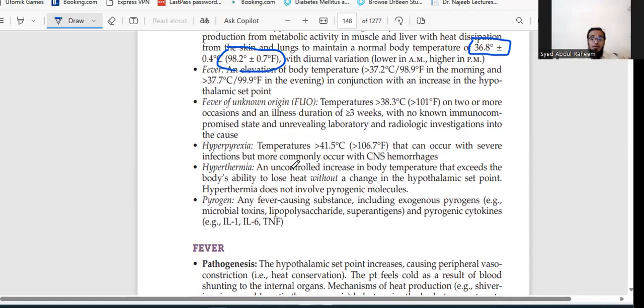Respiratory rate is also high, because to release the heat from the body, our respiratory muscles, all the intercostal muscles, will work. You also have to check the blood pressure. These are the basic things you need to understand. You have to write down whether it is mild, moderate, or severe pyrexia.